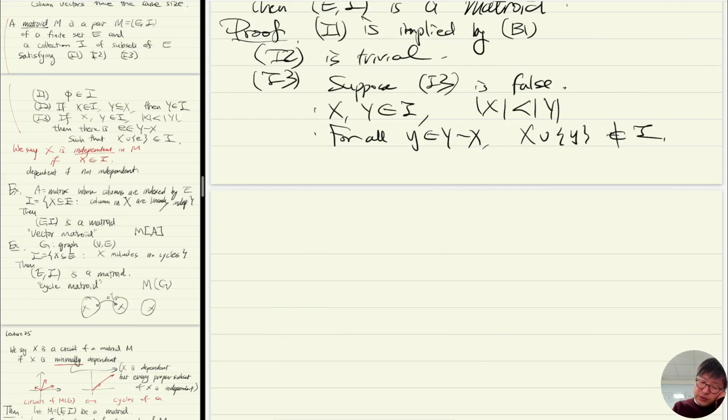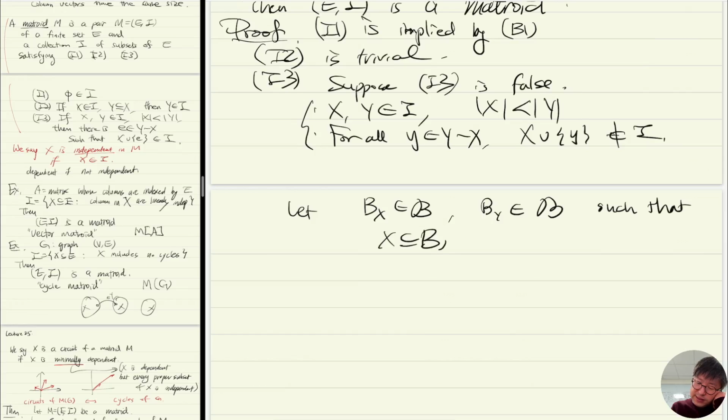Right? So, let bx be a member of B and by be a member of B, such that x is a subset of bx and y is a subset of by.